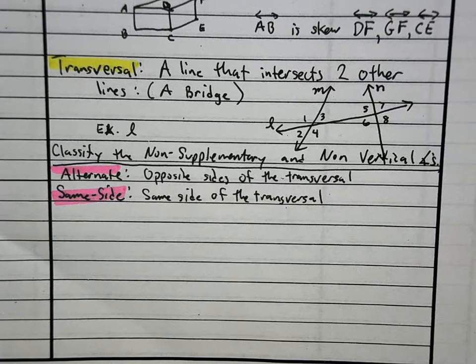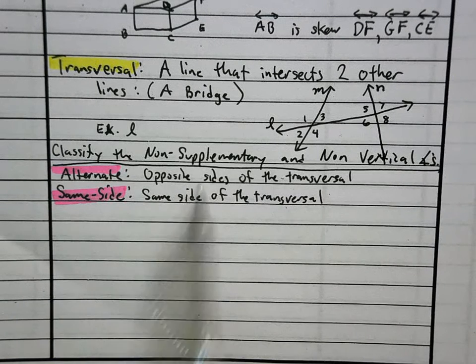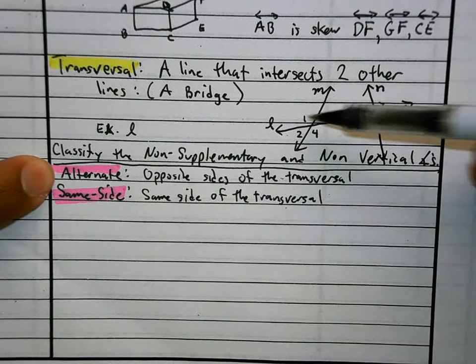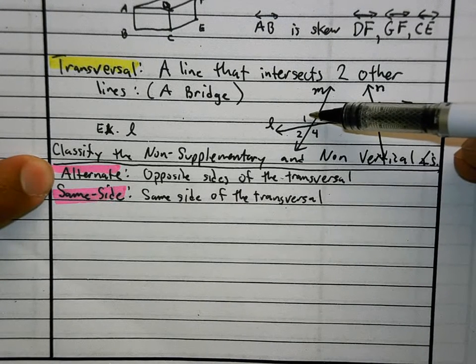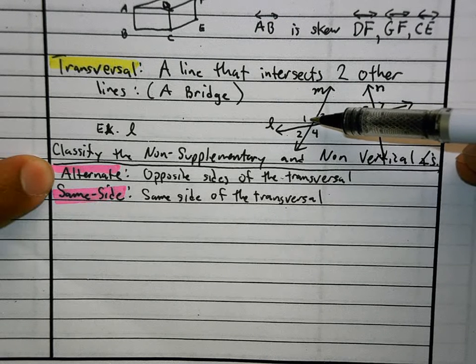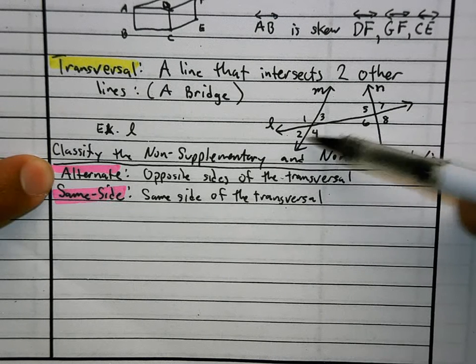Good. I'm glad that it's pretty simple. Now remember, this is for non-vertical or non-supplementary. If I'm talking about angle 1, the one that's alternate to it, don't look at the ones next to it.